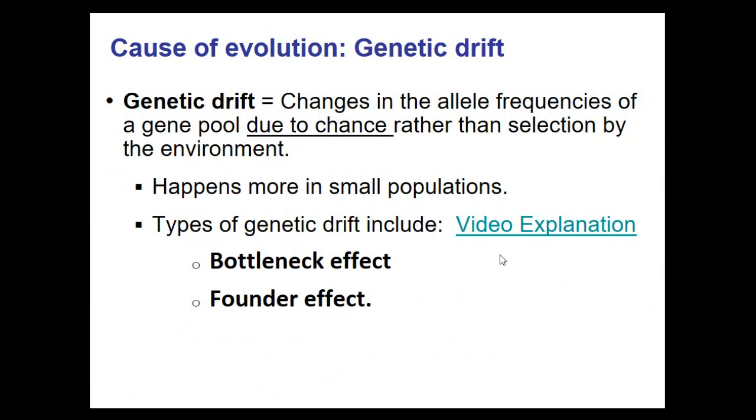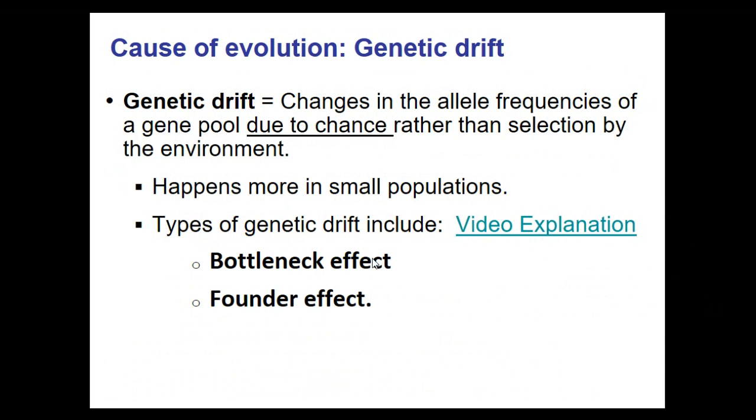Okay, talking about genetic drift: these accidental, by chance events cause alleles to disappear from a population, or change the relative frequencies, the allele frequencies, in a population.